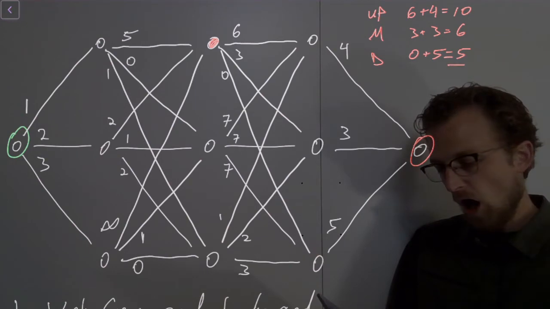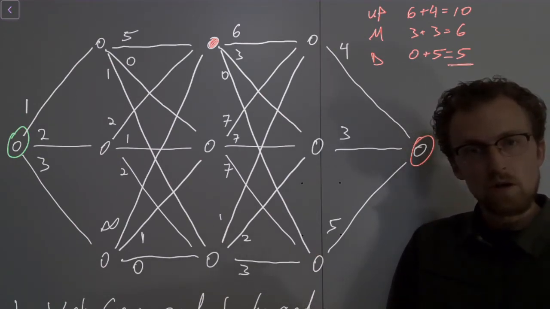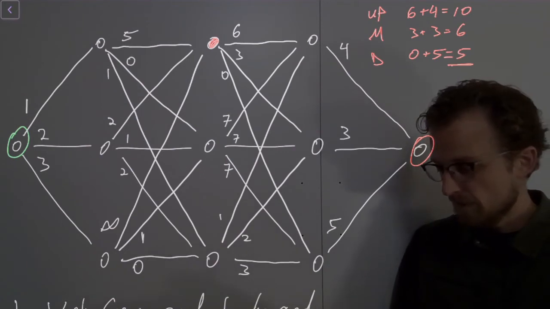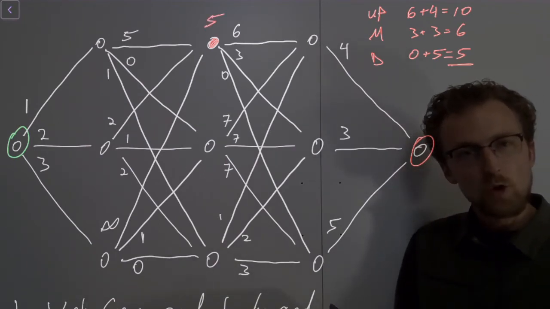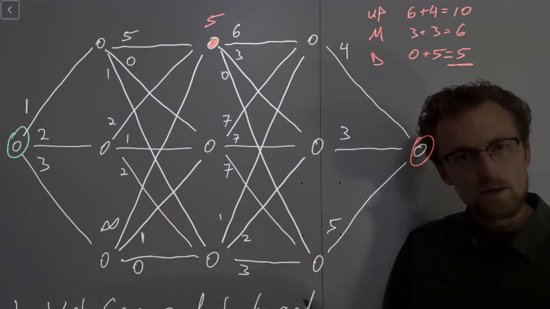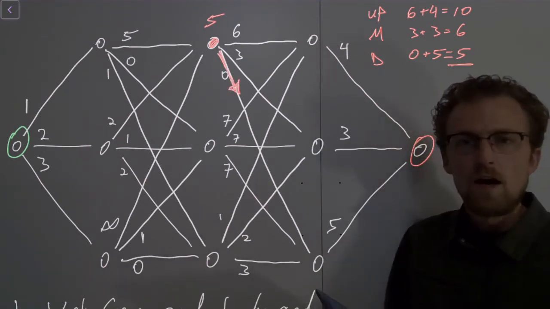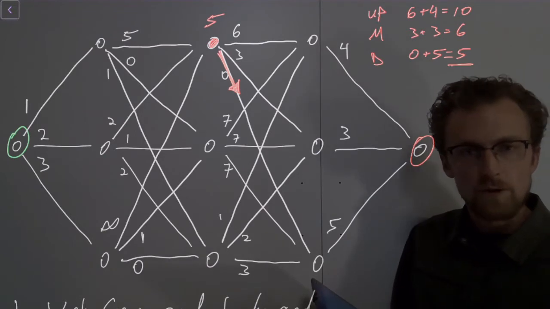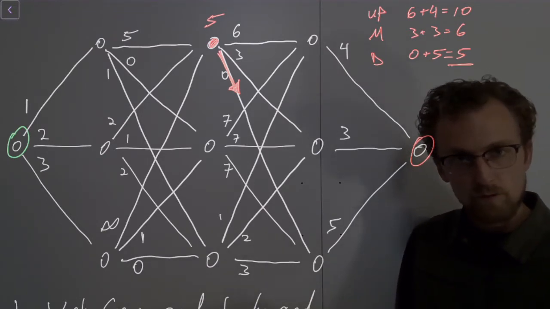Well, the optimal cost is 5. So on this node, I'm going to write 5, and that means that if I'm here, the shortest path has a cost of 5, and then I'll write an arrow that says what to do. So if I am at this node, I go down, and the resulting cost will be 5. Now I've just made a note of that to myself for future reference.